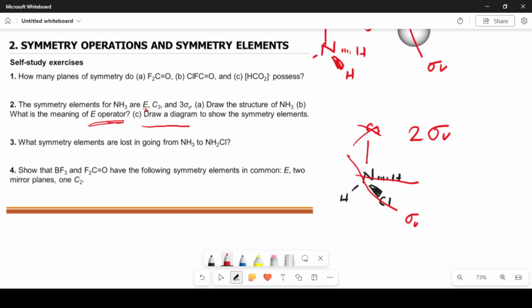So, to answer the question, what were lost are one C3 and two sigma V symmetry elements of ammonia.